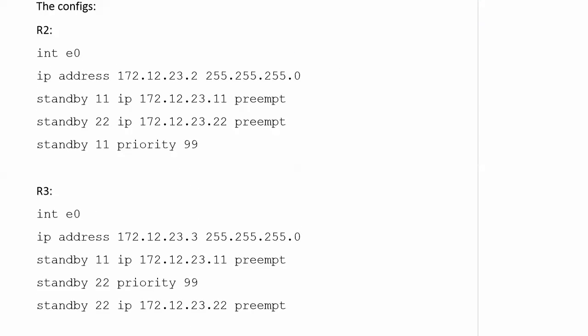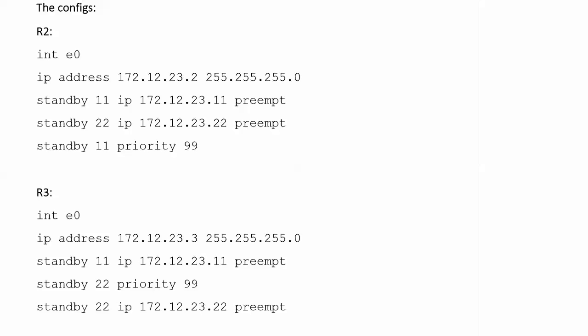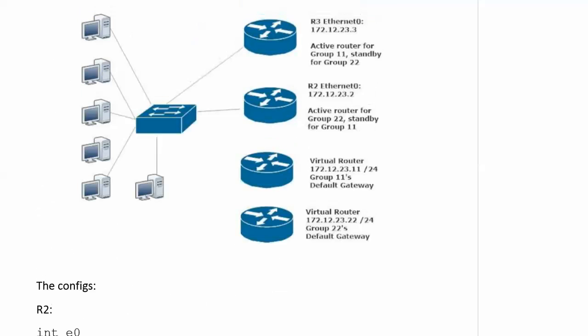It's not a long config at all. And again, I've joined the routers to 2 groups, put preempt on each of the standby statements, and then changed the priority to 99 for the group that I wanted them to be the standby for. So in this particular config, for group 11, router 3 would become the active because its default priority is 100, and I set router 2's priority for group 11 to 99.